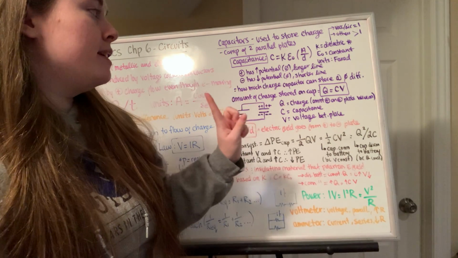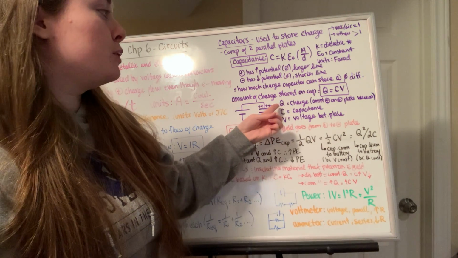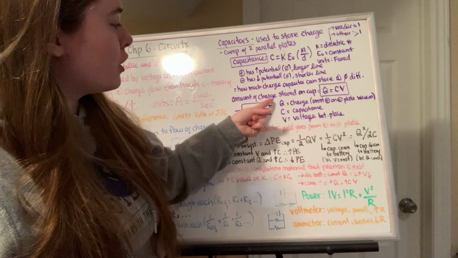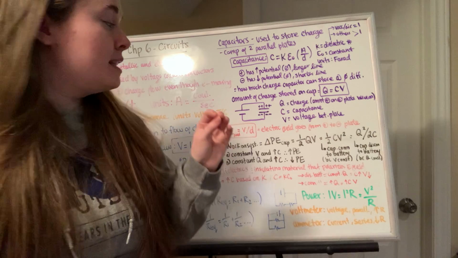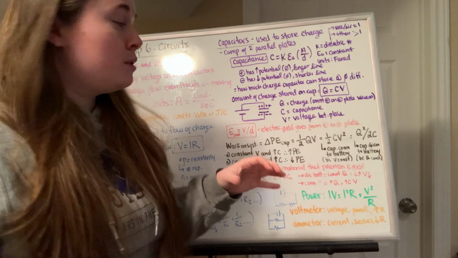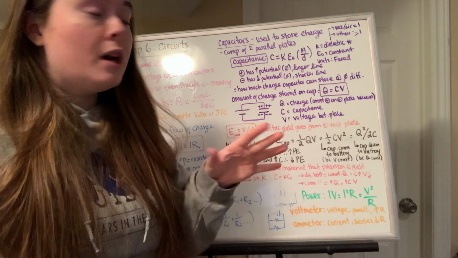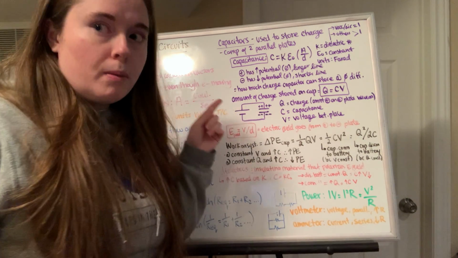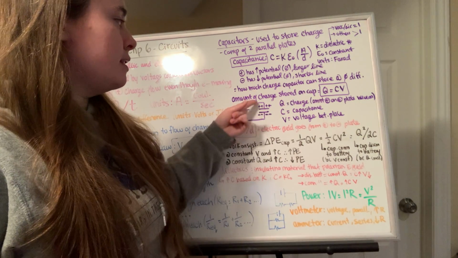An important part of this, when we're talking about the charge, is that the positive charge on this side has the same magnitude, the same absolute value, as the charge on the negative side. Okay, so these are going to be equal but opposite charges on these sides.